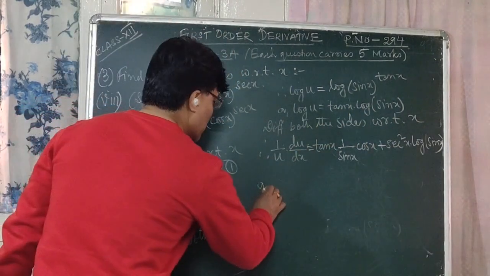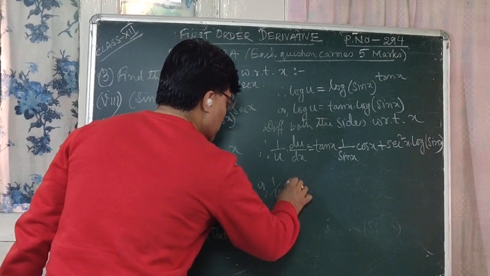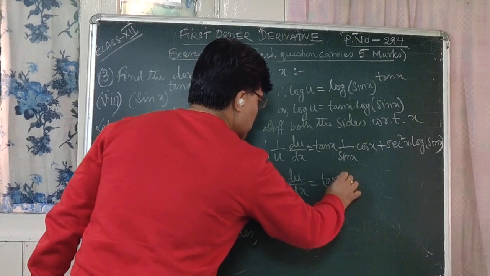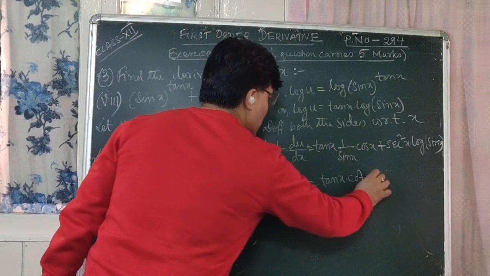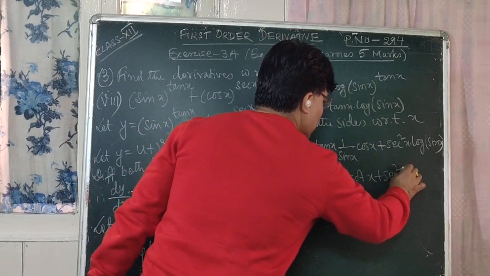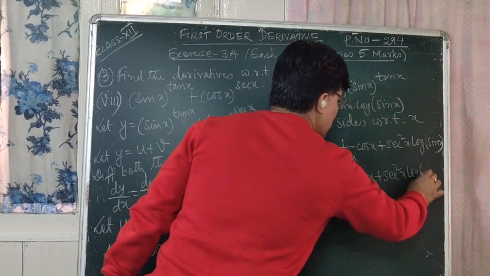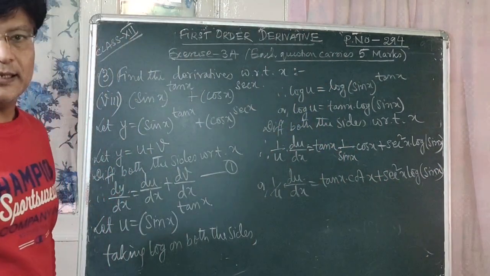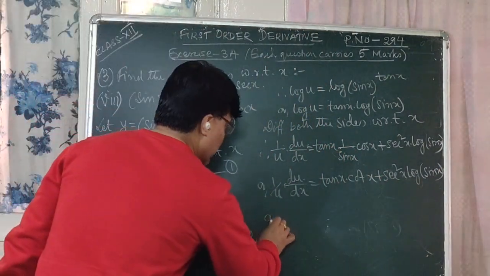So 1 upon u into du by dx is equal to tan x into cot x plus sec square x into log of sin x. Is that clear? Now what is the value for du by dx?